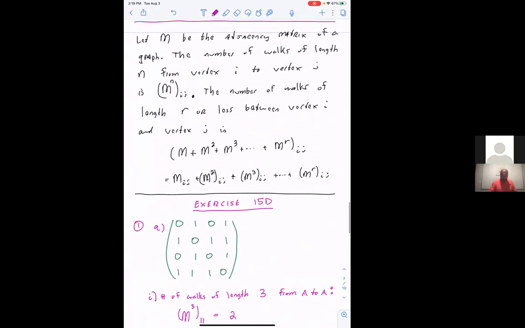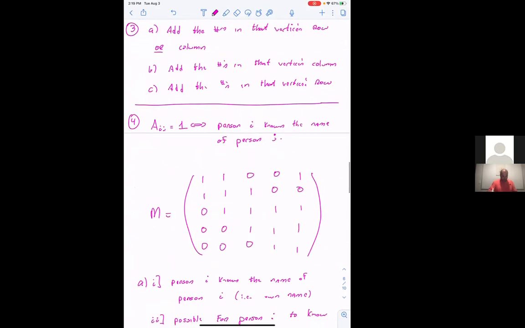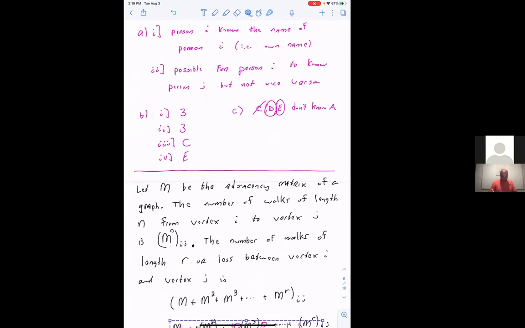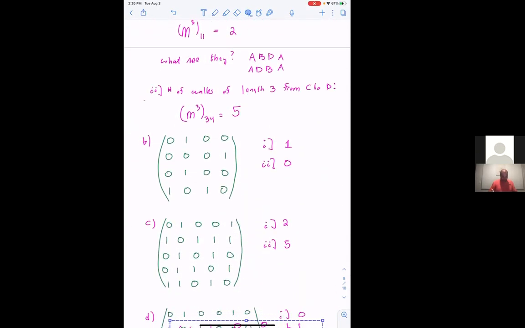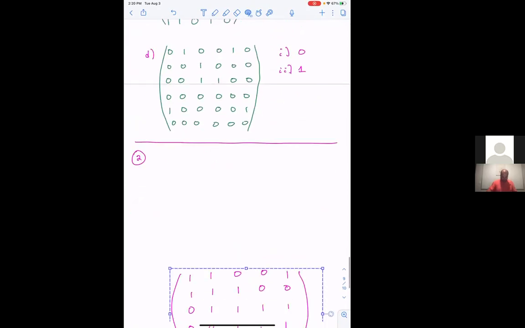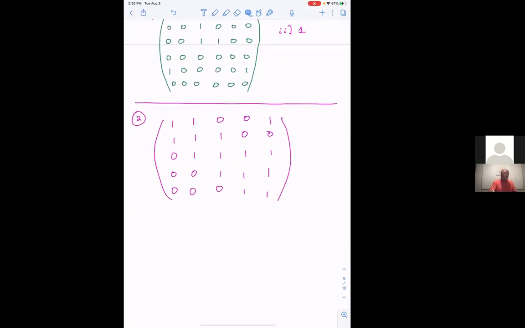So first, let's copy the matrix for this problem, which is this one right here. Okay, so this is the matrix M. This is the matrix of people who know someone else. Now, if I don't know someone who knows A's name, that means I can't get to A in 2 steps.